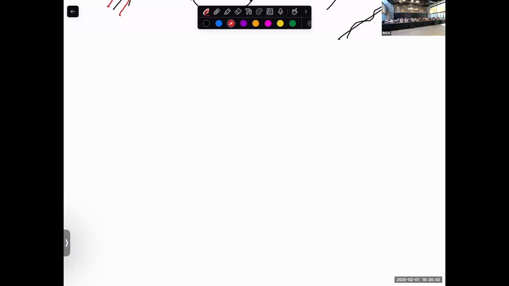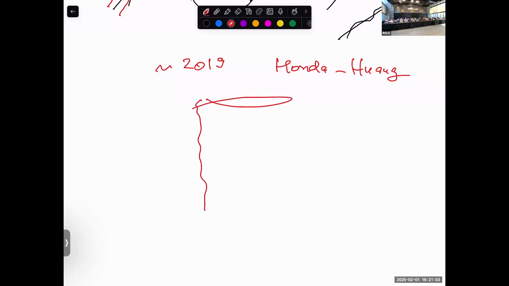After Giroux's work, and until around 2019, when Honda-Huang wrote a paper where they claim that any hypersurface in a contact manifold can be C0 approximated by convex.